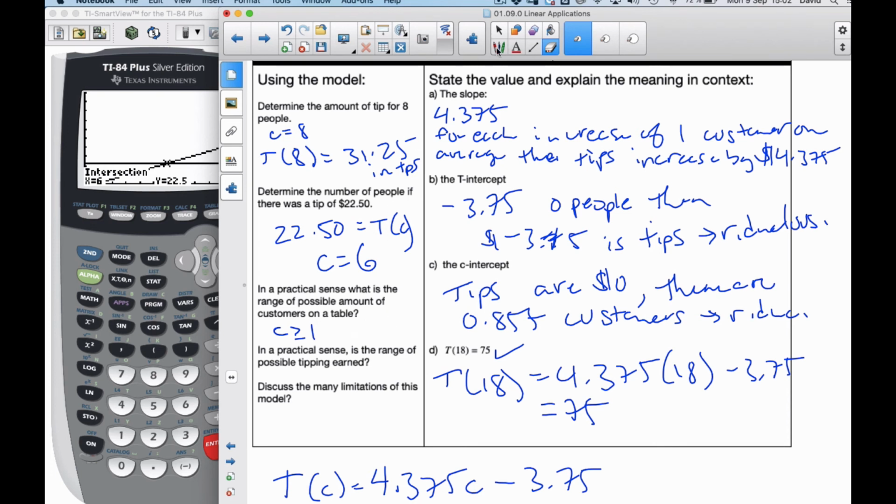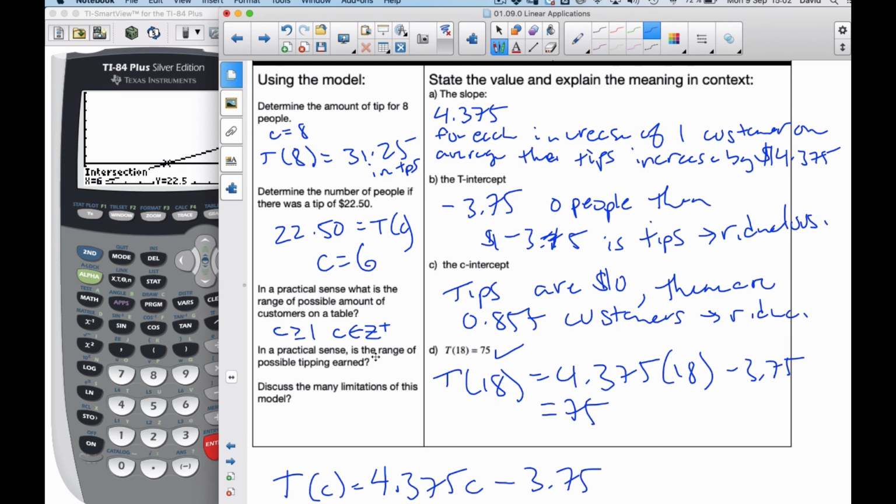So I can write positive integers, or c belongs to the set of positive integers. And so I could, in theory, have 1,000 customers on a table or 1,000,000, but these are possible values. But it has to be whole numbers, and it has to be bigger than or equal to 1. So this is the possible range of customers on the table.